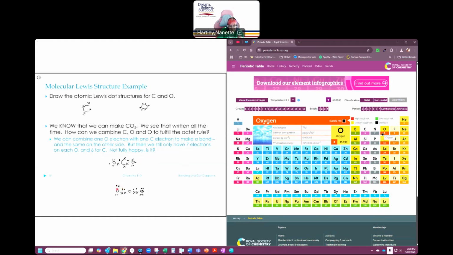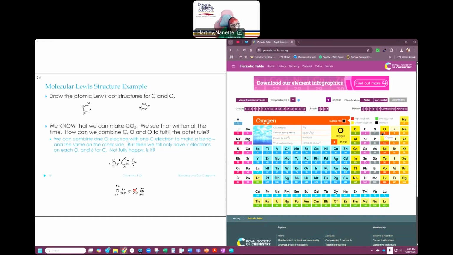There are 8 here. And 1, 2, 3, 4, 5, 6, 7, 8 around that carbon. And 1, 2, 3, 4, 5, 6, 7, 8 around that oxygen. And now everybody's happy. So there are ways that we can redistribute those electrons to make things completely happy.